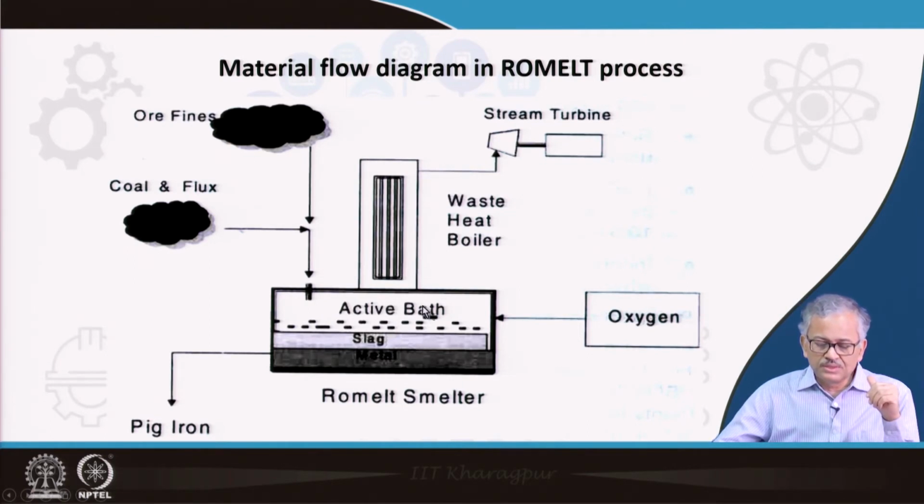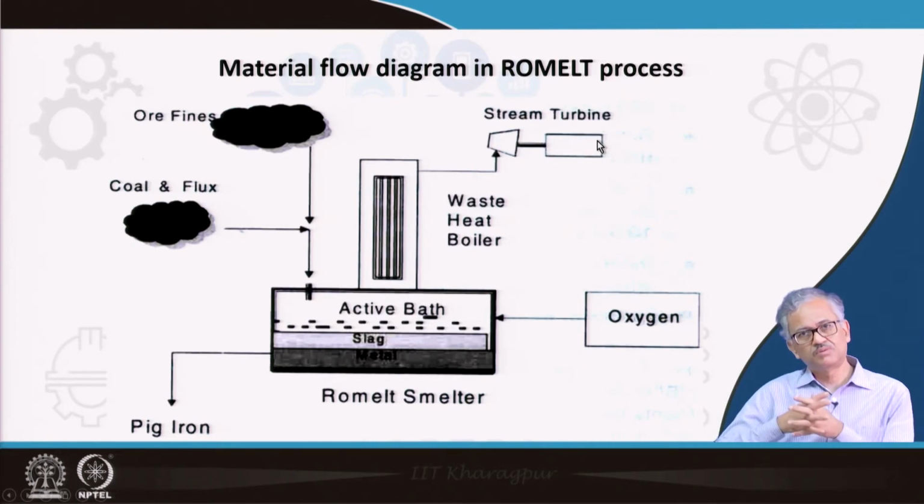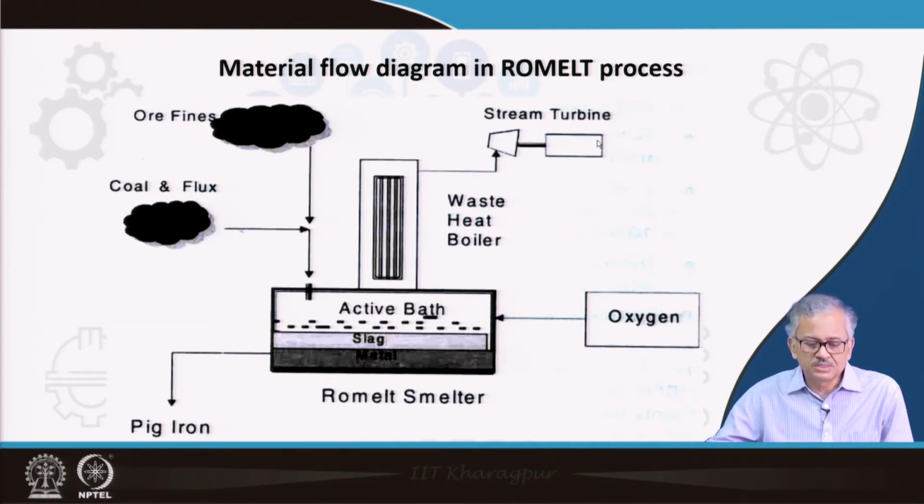But the only problem in this process is a lot of carbon consumption, that is, your coal consumption is quite high, because you are doing everything in a single process, so it is not that effective. Rich gas comes out, and then you have to use this. There is a steam turbine to generate power. So, this is the simple process.